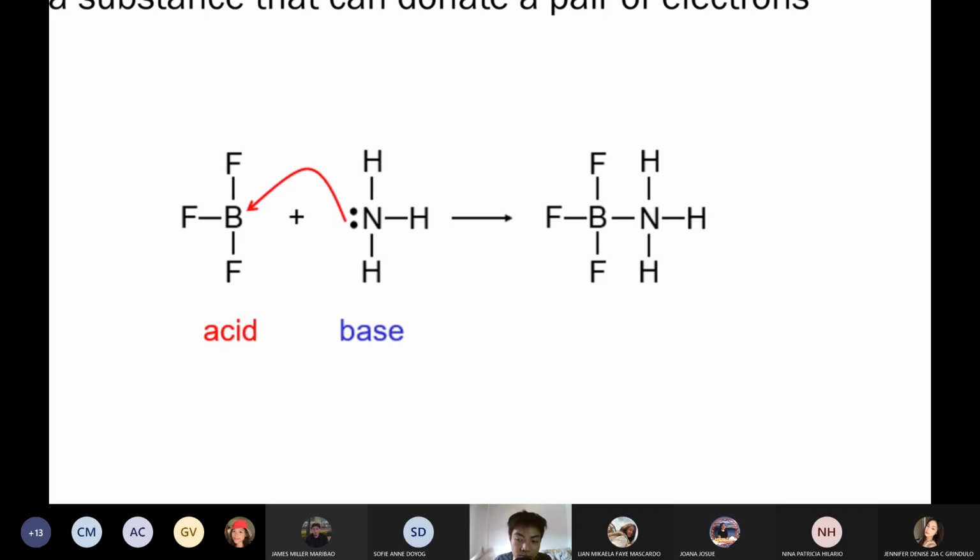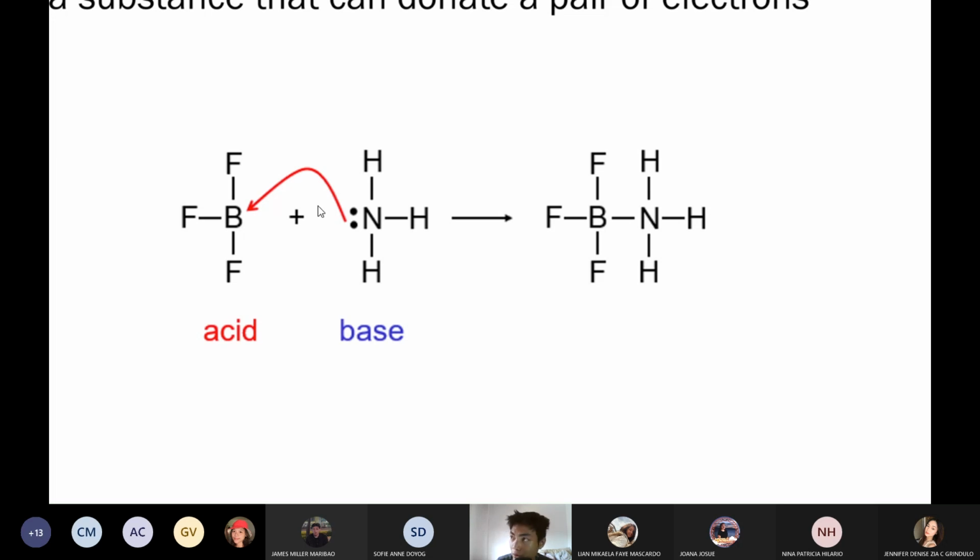Okay? So again, paano nyo madali makikita kung sino yung Lewis acid, sino yung Lewis base? Just look kung sino yung nabawasan ng lone pair. Kung sino yung mababawasan ng lone pair, siya yung Lewis base. Kung sino yung madadagdagan ng chemical bond, siya yung Lewis acid. Okay?